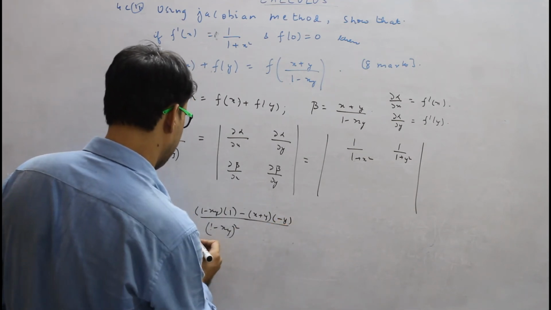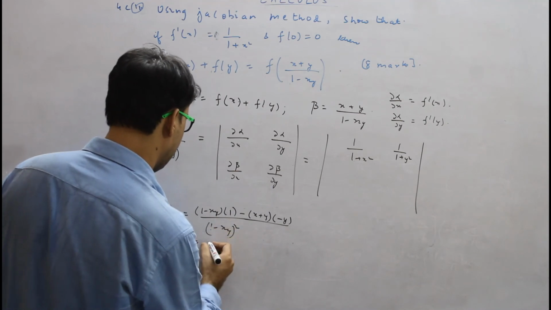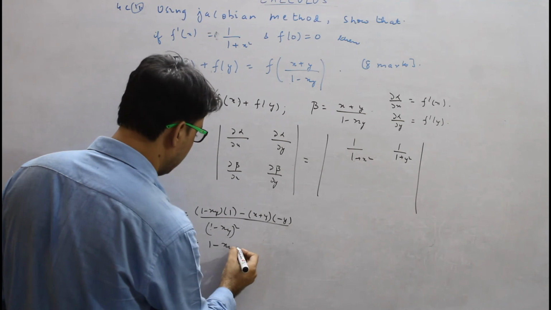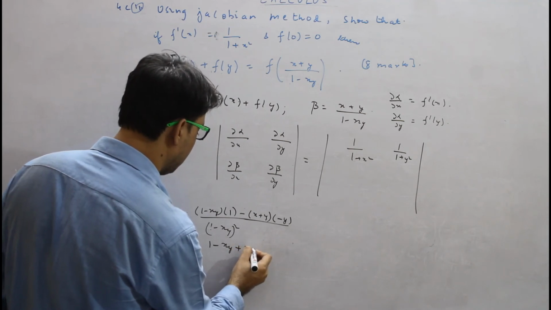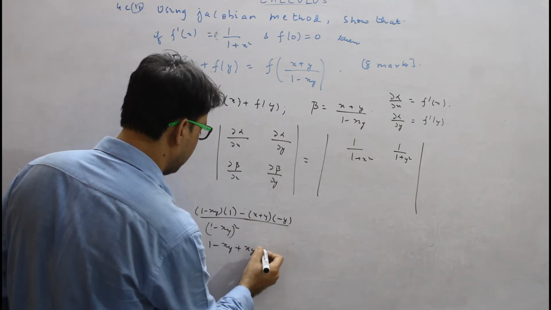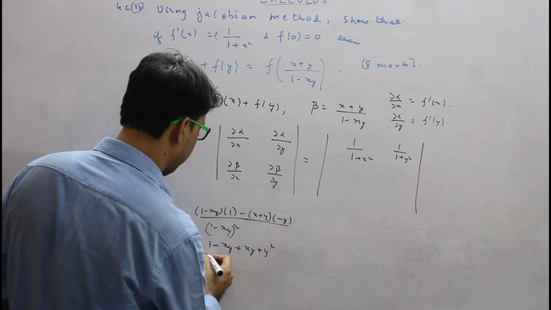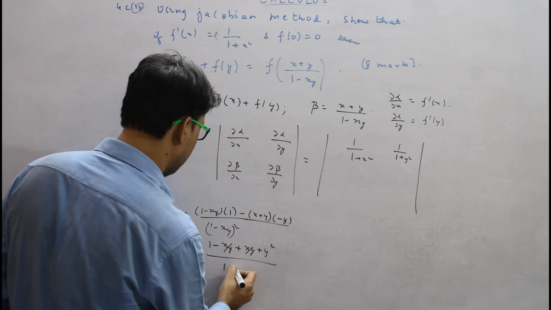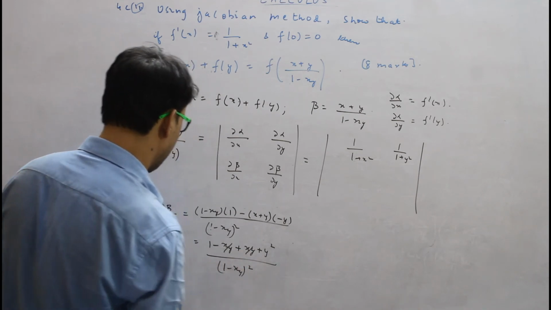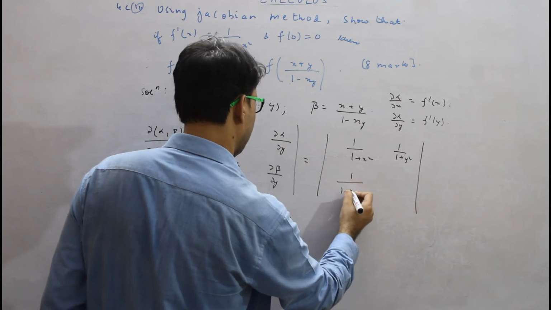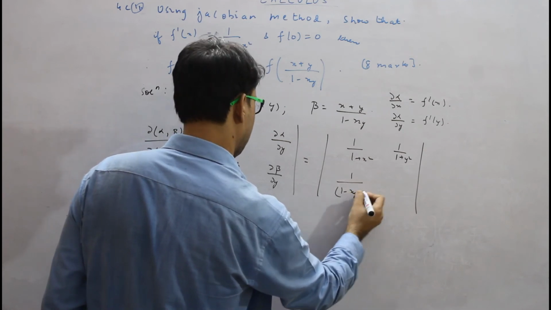So what I get over here is 1 minus xy minus minus plus. So this gives me xy plus how much? Y square. This will be cancelled. So I get this as 1 by 1 minus x whole square.